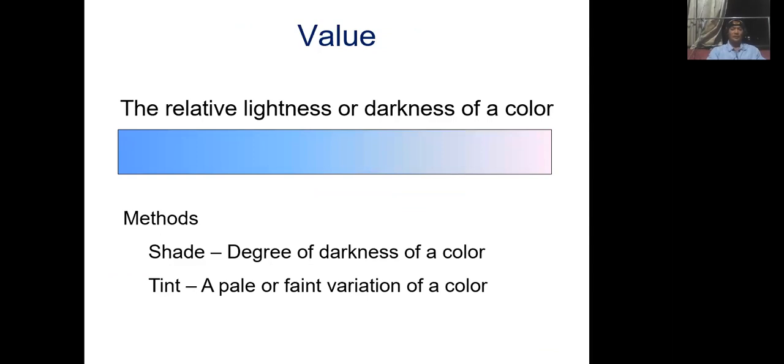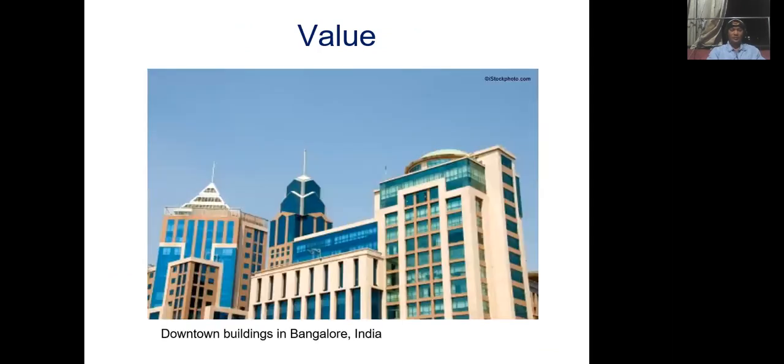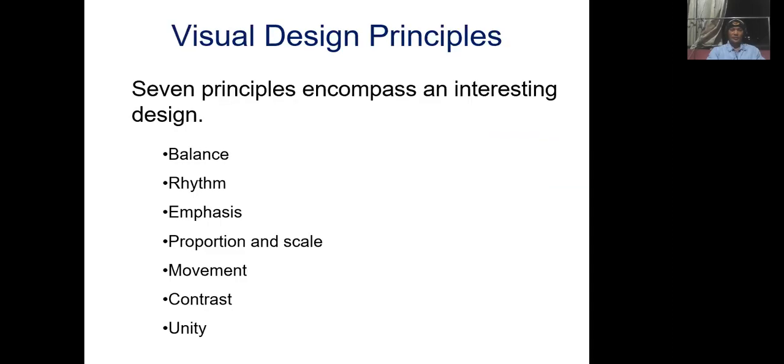Then we have methods: shade, the degree of darkness of a color when we add black to it; tint, when we add white to a particular hue; and tone for gray. Okay, value. In terms of color as well.